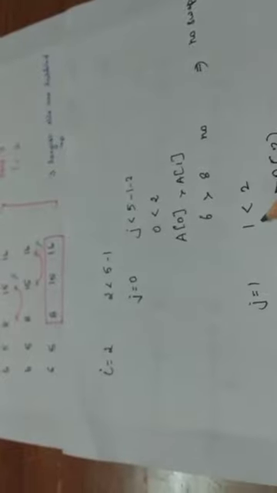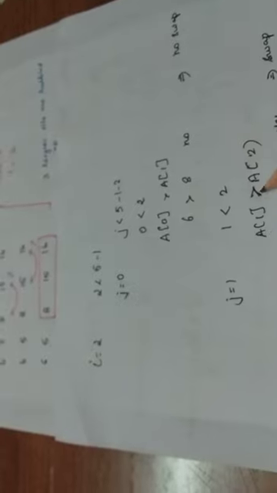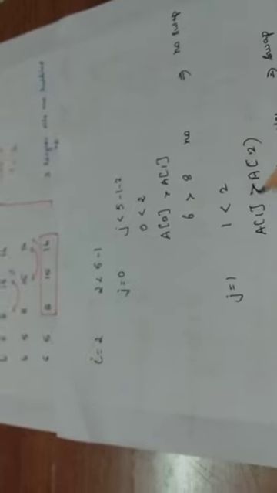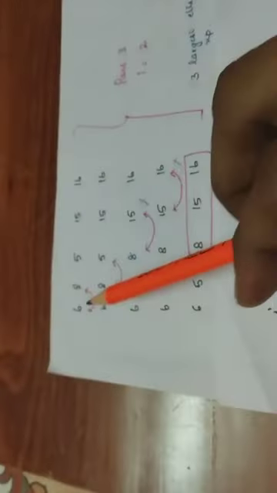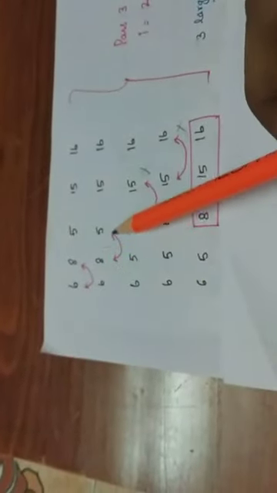Now j gets incremented by 1. It checks whether 1 is less than 2. Yes. In that case, it checks the condition a of j greater than a of j plus 1, that is a of 1 greater than a of 2. So 8 is greater than 5. Yes, so it goes for swapping. We swapped this 5 and 8. Next, j gets incremented to 2, so it checks whether 2 is less than 2. Is 2 less than 2?